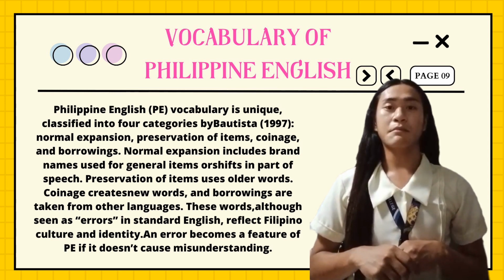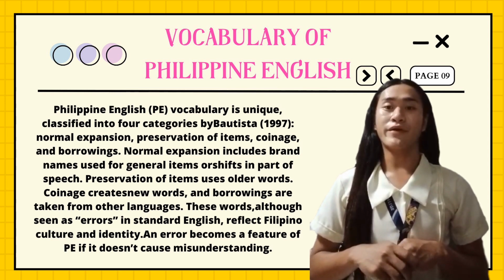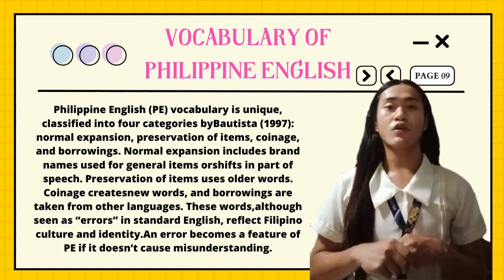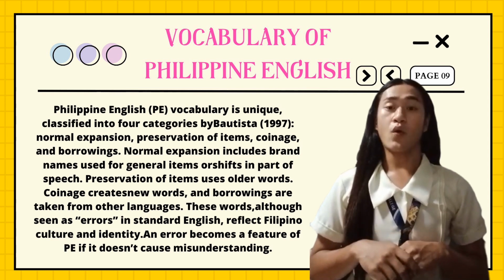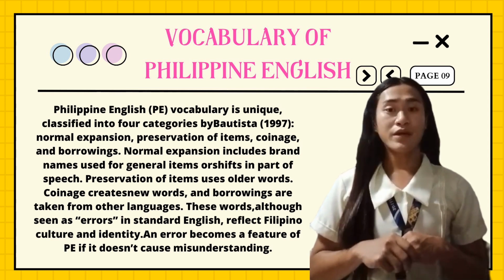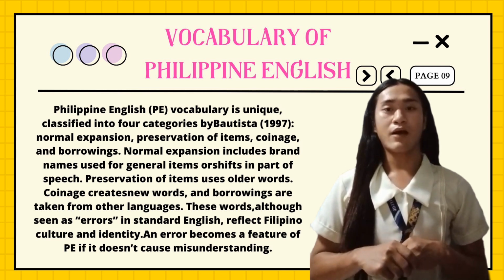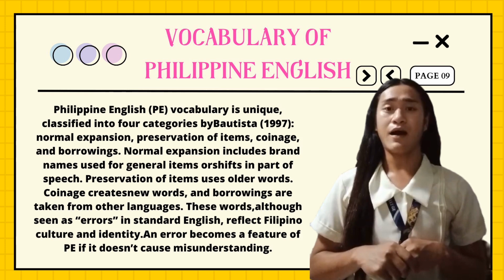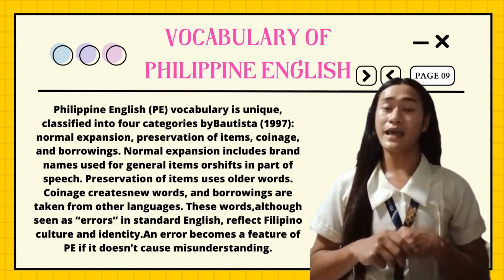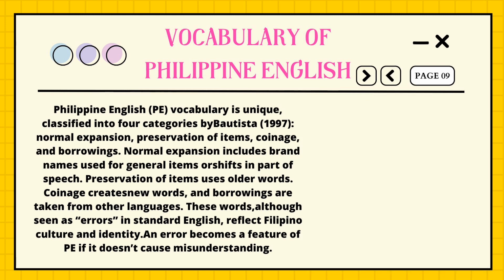The phrase is maayong buntag, good morning. And in Ilocano, common words are naimas or delicious, ubing or child, balay or house, and the phrases kumusta ka, how are you, or agyamanak, thank you.